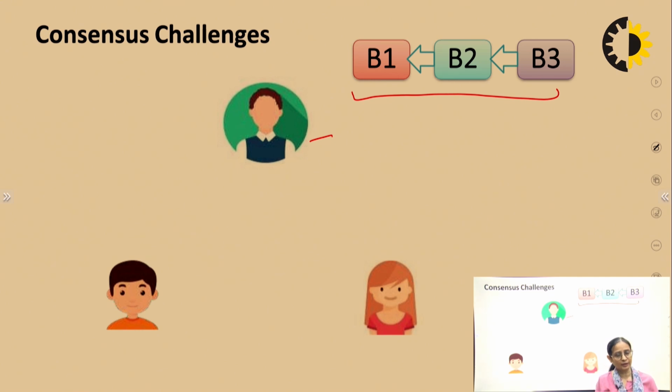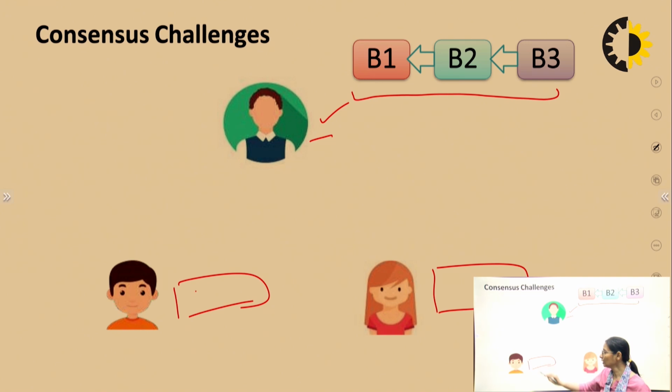In the DLT, we are aware that the copies of the blockchain are to be kept on all the peer nodes. So this particular user also has its own copy, this user also has its own copy, and this user also has its own copy. Now the order in which the blocks are added at this person may not necessarily be the same as at this person and this person.